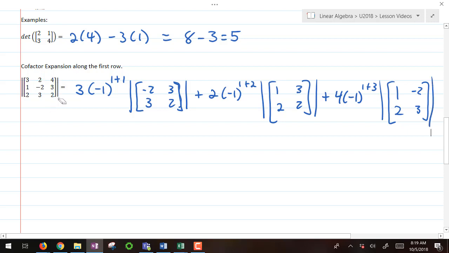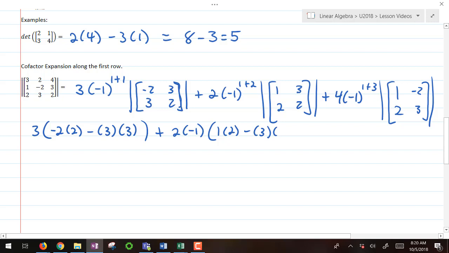Now it's just down to the math. 1 plus 1 is 2, so that's 3 times the determinant, which is minus 2 times 2 minus 3 times 3, plus 2 times minus 1 times 1 times 2 minus 3 times 2, plus minus 1 to the fourth is 1, so that's plus 4 times 1 times 3 plus minus 2 times 2.